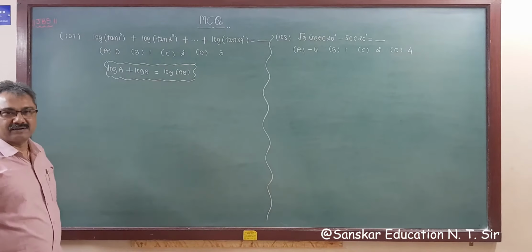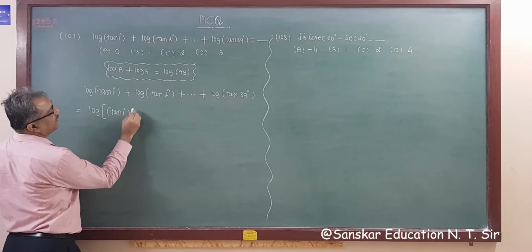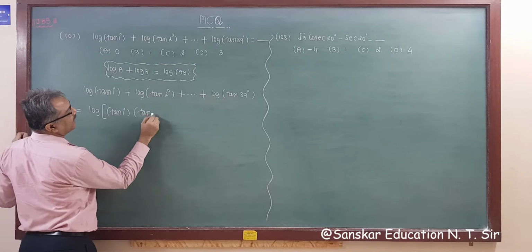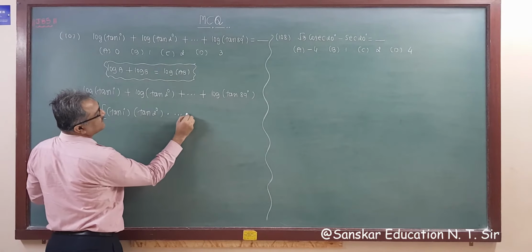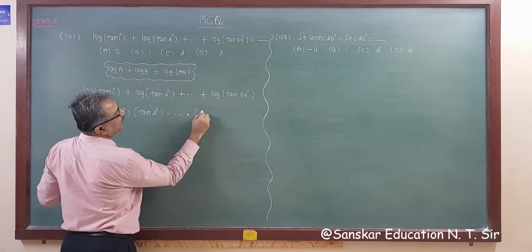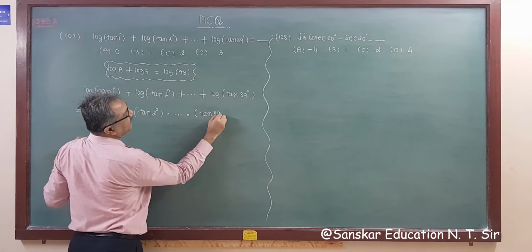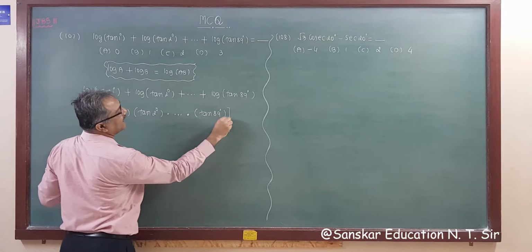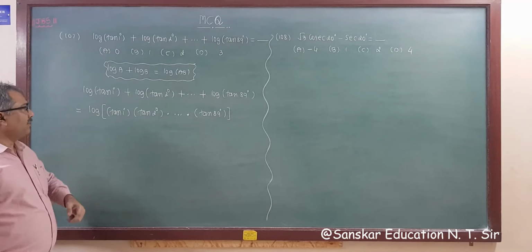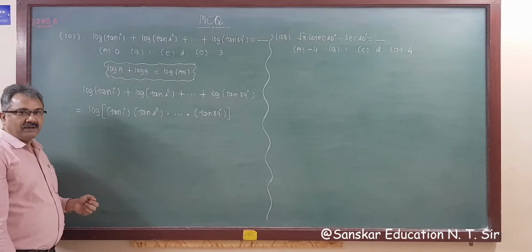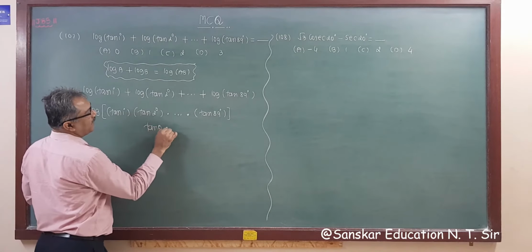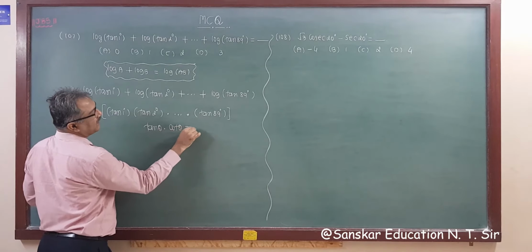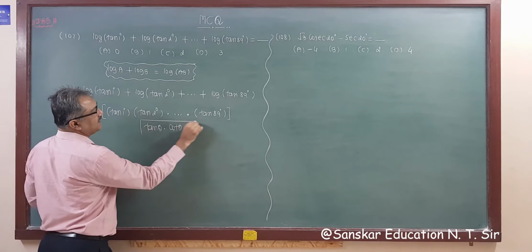So what we get here: 10 1 degree into 10 2 degree into dash into 10 89 degree. Now you know one thing, that tan theta into cot theta is 1. This you know very well.